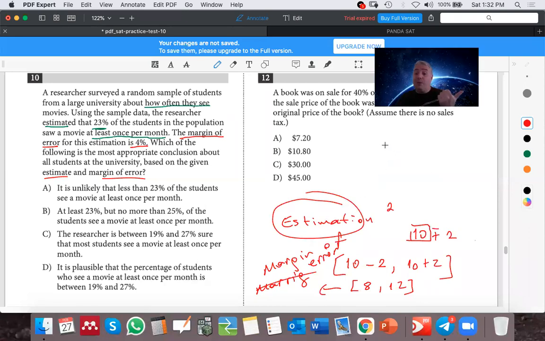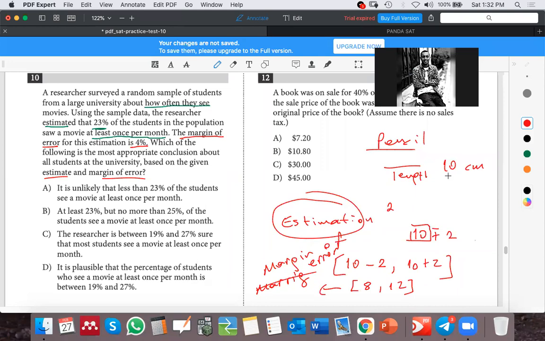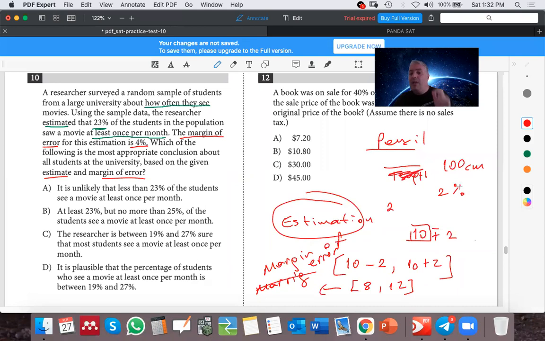For example, you are producing a pencil. Let's say its length must be 10 centimeters in the factory. So the engineer says that a 2% mistake is acceptable, or let me say this is 100 centimeters, not a pencil, something else. 2% is an acceptable mistake. What does it mean? If you produce 98 up to 102, it is acceptable.